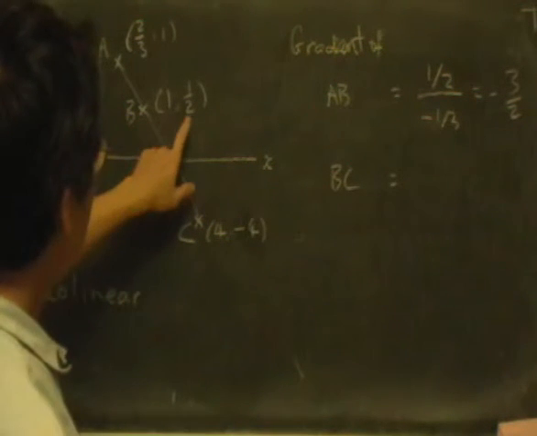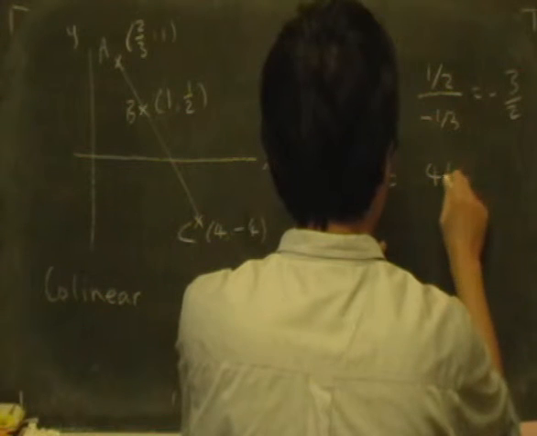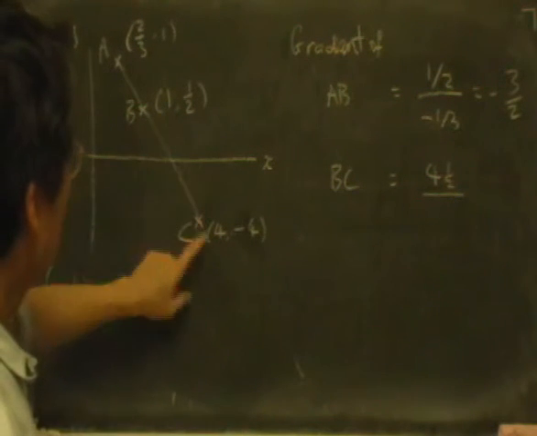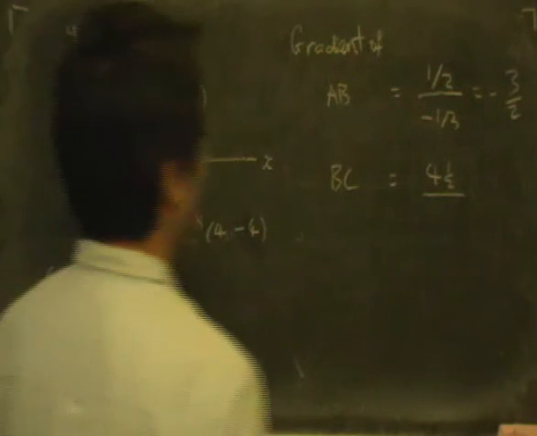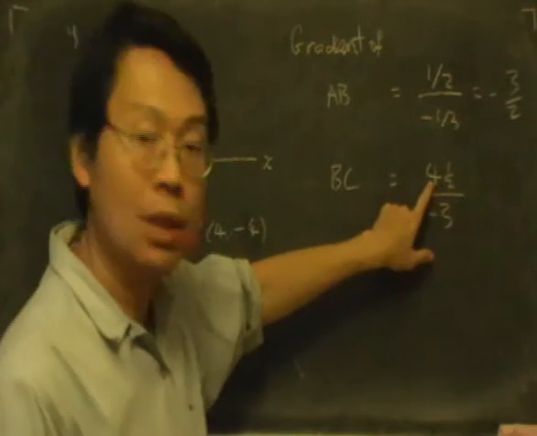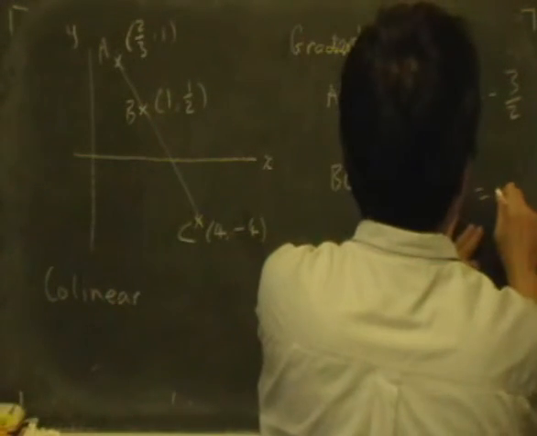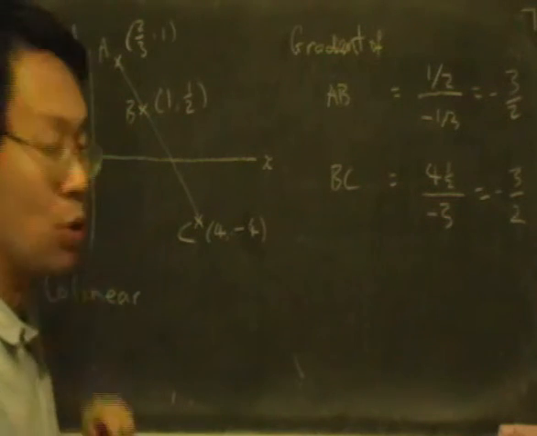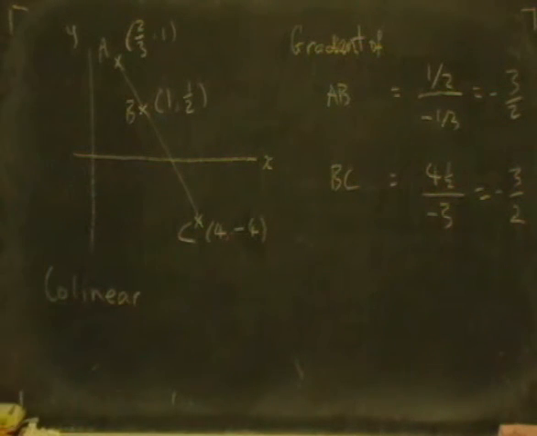Okay, let's try. y2 minus y1, that gives us 4.5. x2 minus x1, that gives us minus 3. Okay, so 4.5 is 9/2. 9 divided by 3 is 3. So we end up with minus 3/2 as well. So those two are equal. Therefore, AB, BC have the same gradients. Therefore, ABC all lie on the same straight line. And therefore, they are collinear.